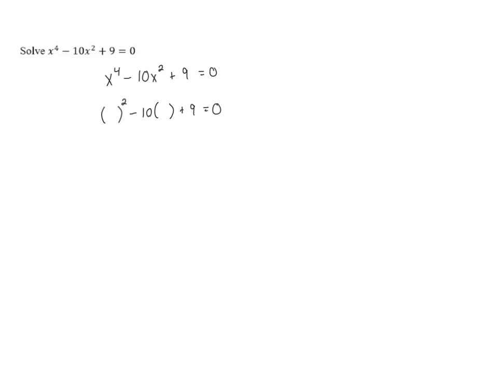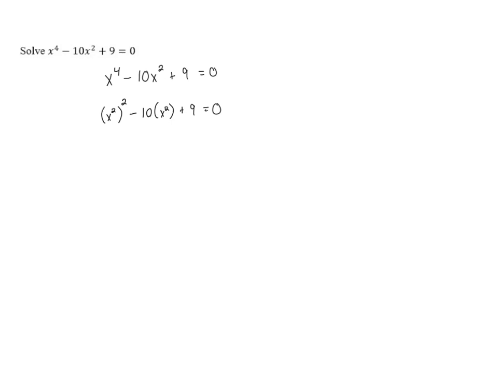And to figure out what substitution we need to make, we want to figure out what quantity we can put in both of these sets of parentheses so that the new equation matches the original one. And in this case, that quantity is x squared, because if we take x squared and square it, that's what gives us x to the fourth. And plugging in x squared here also matches those terms up.